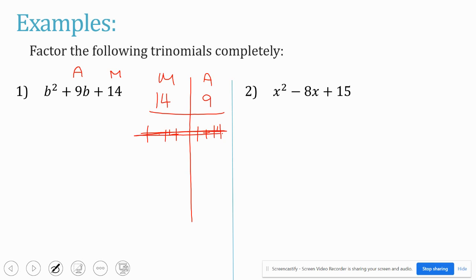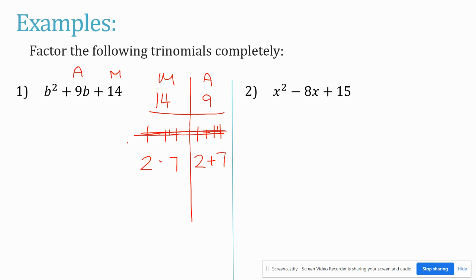So that is not going to be the set of numbers that I want to use. Another set of numbers is 2 and 7. So 2 times 7 gives me 14, but 2 plus 7 gives me 9. So this is a set of numbers that work for both of these. They're two factors of 14, and their sum is 9.